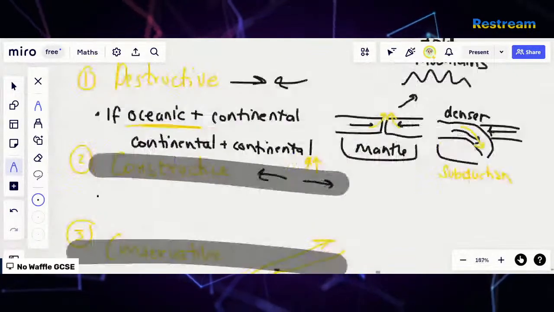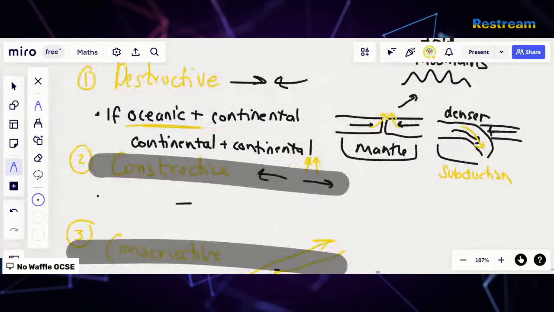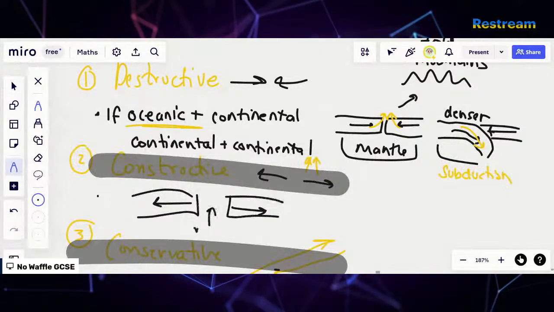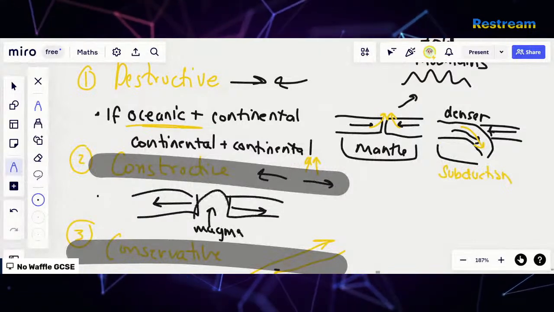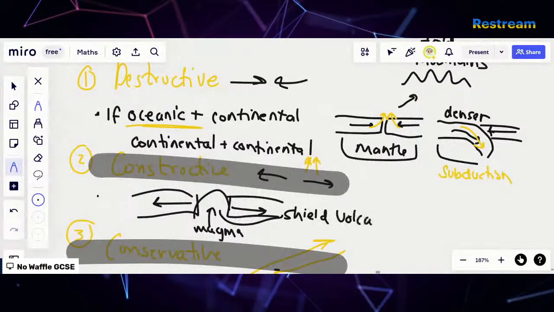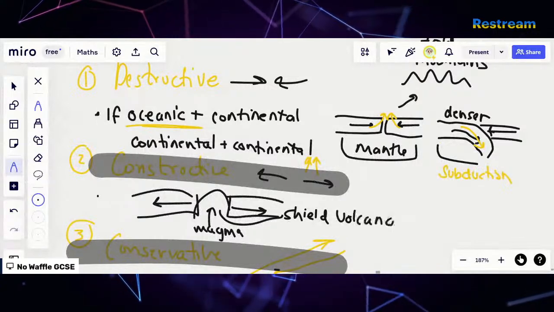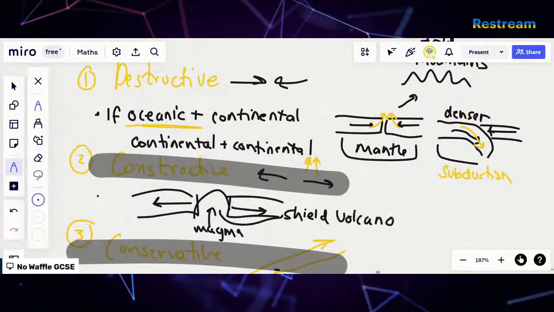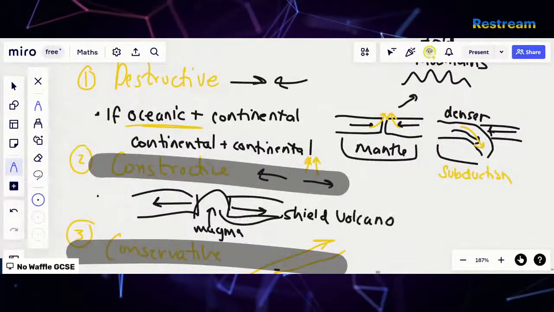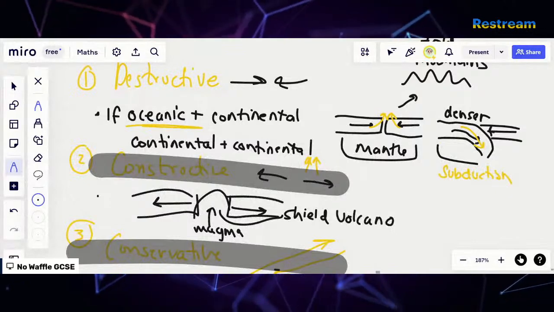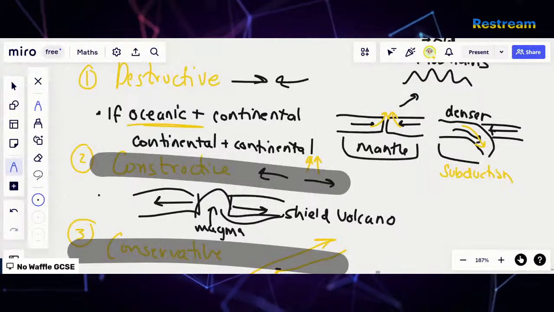So no matter what plate it is, as they both move apart, they cause magma to rise in the center. And then the magma rises and creates a shield volcano. So the two plates move away from each other, the magma rises to fill the gap in the crust and cools, creating new crust and shield volcanoes.